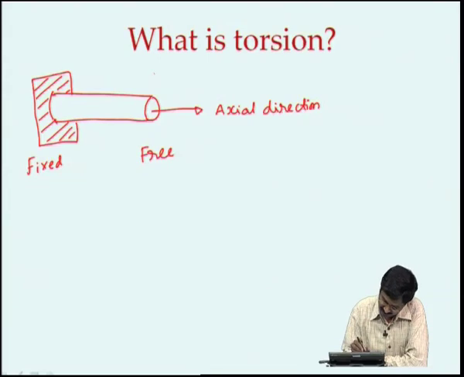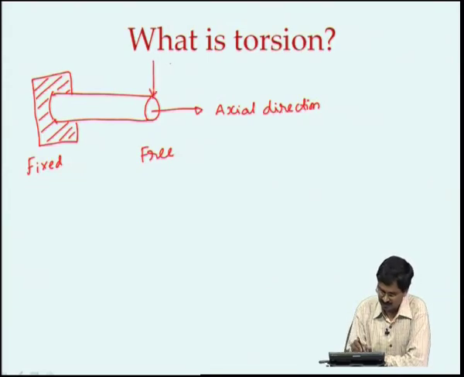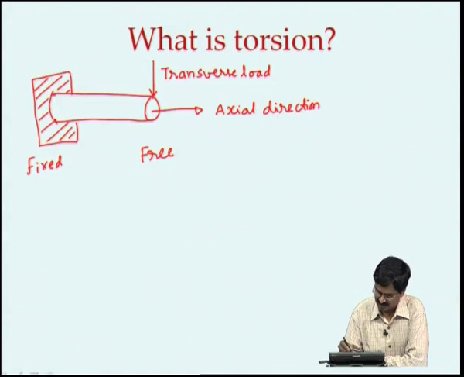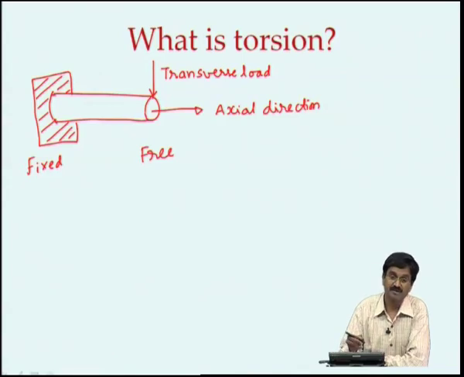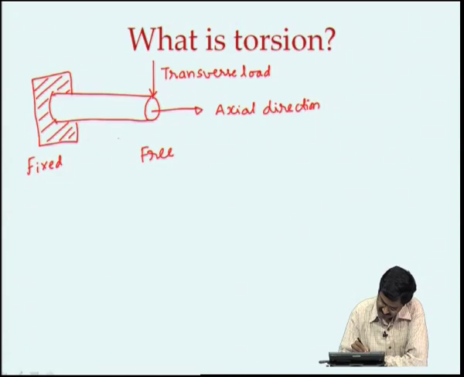Now, if I apply a force in this direction, which we call the transverse direction, transverse load, and this is the axial direction or axial load. If you apply it there, it is going to stretch, or if it is in the other direction, it will contract.